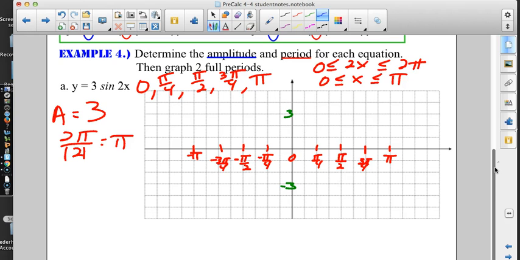Sine. Where does sine start? Right there at the origin. 0, 0. All right, so we're right here. Now what do we have to be careful of as we go to pi over 4? Up 3, exactly.